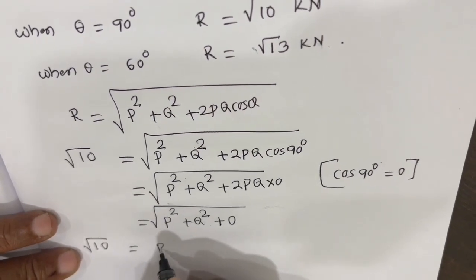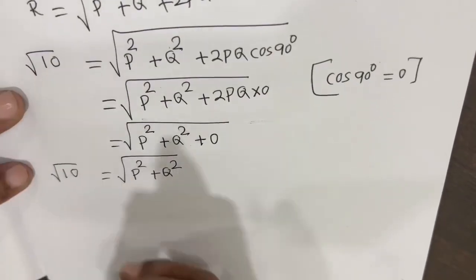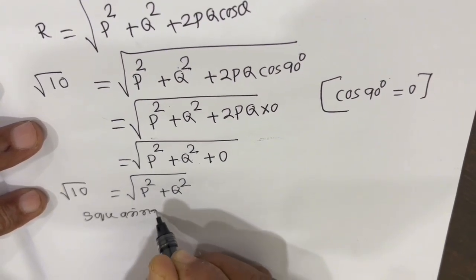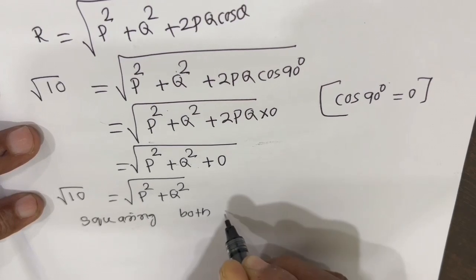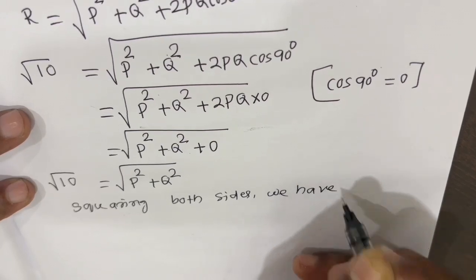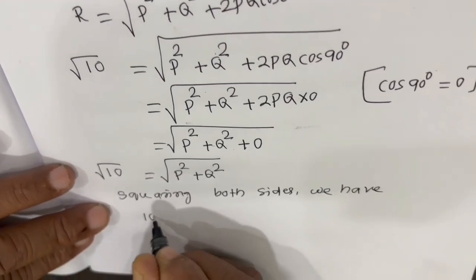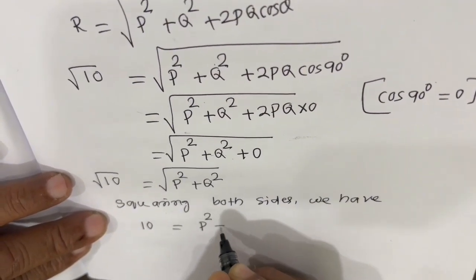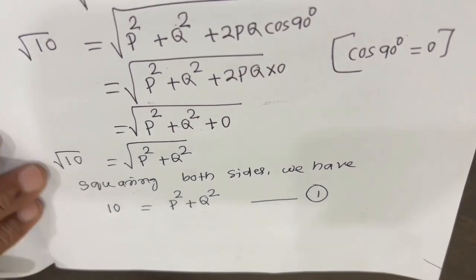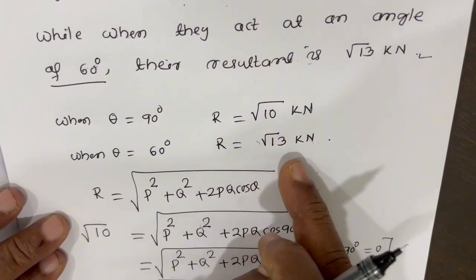Then squaring both sides, we have root 10 square is equal to 10 is equal to P square plus Q square. It is equation 1.